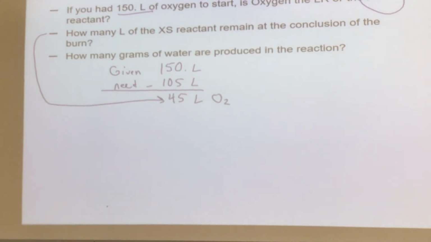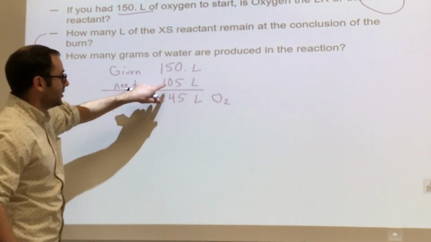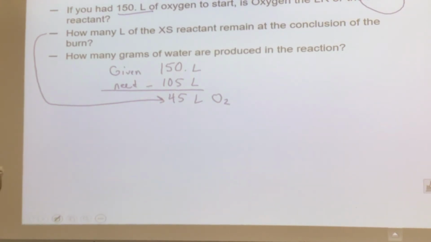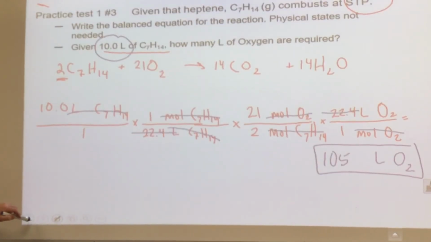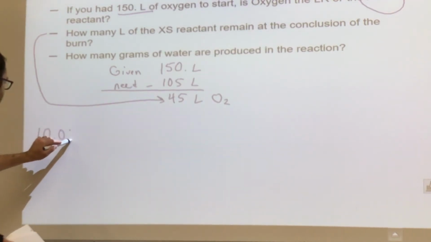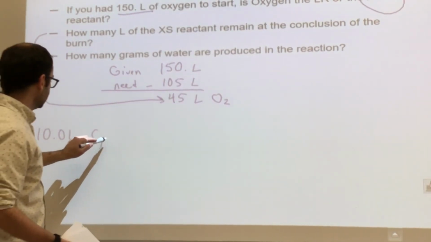Yes, you could start with the 105 liters of oxygen because you know you're going to use exactly 105 liters of oxygen, right? So you could start with that. But don't always start with your limiting reactant, all right? But I like that you understand the concept enough for that. What was our limiting reactant? The 10 liters of the heptene, right? So we have 10.0 liters of heptene.